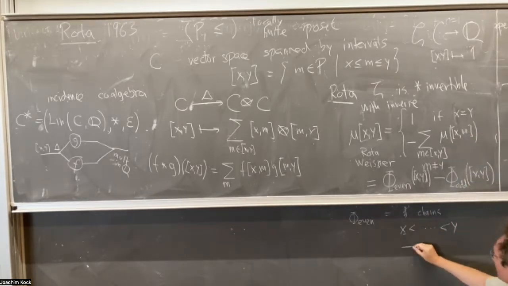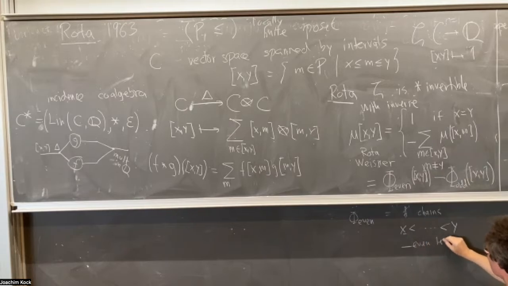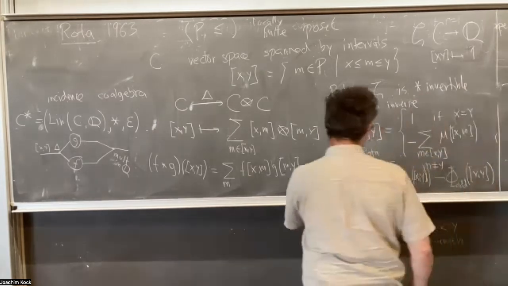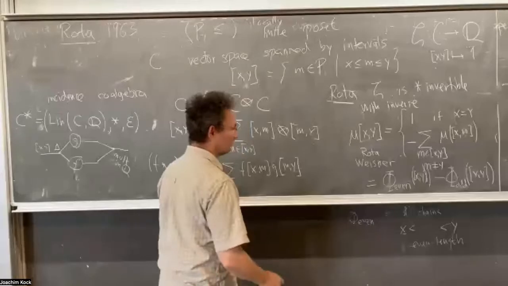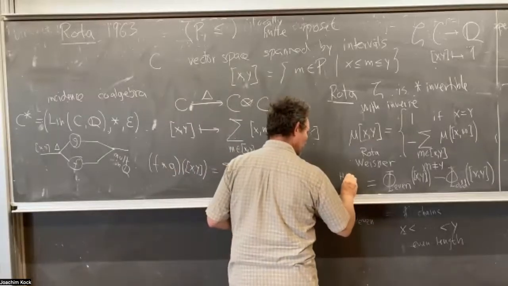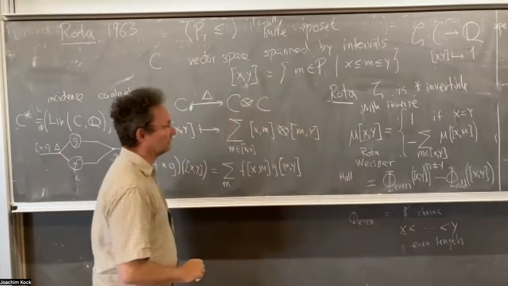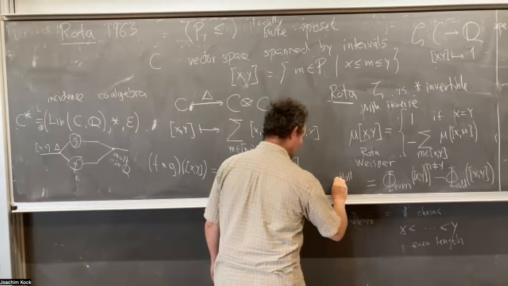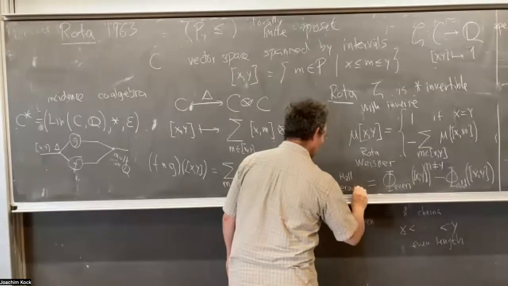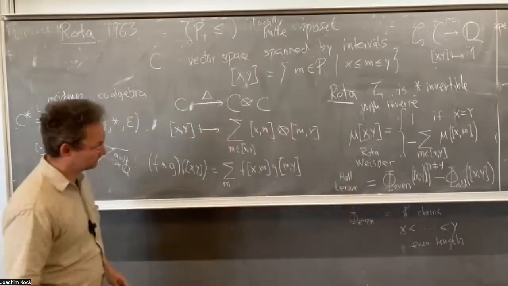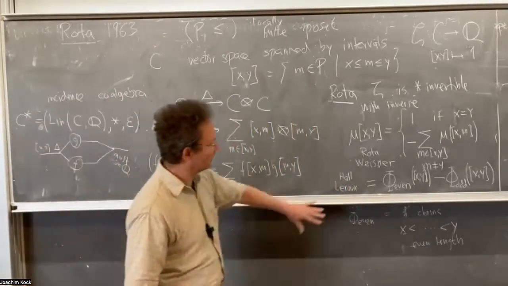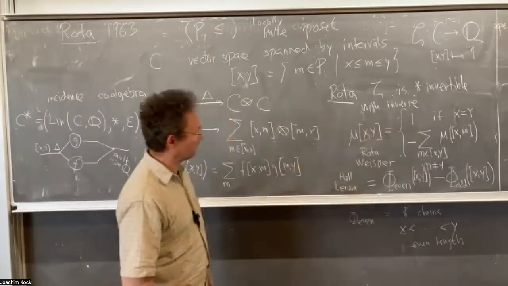So even length. And then I leave it to you to figure out what phi odd is. So this second formula was first found by Hall in a special case, and it's also prominent in the work of Leroux. So there are these two main formulas for the Möbius function.